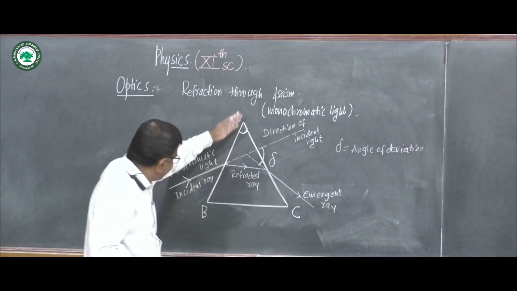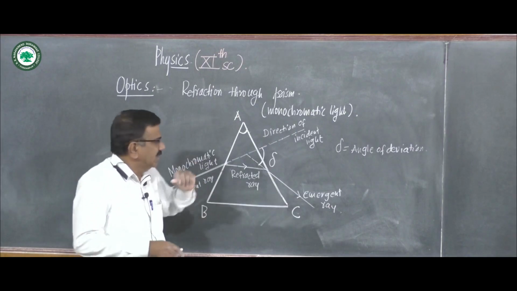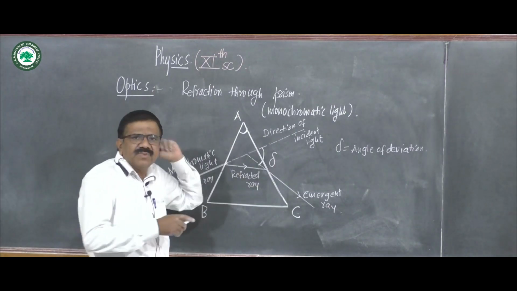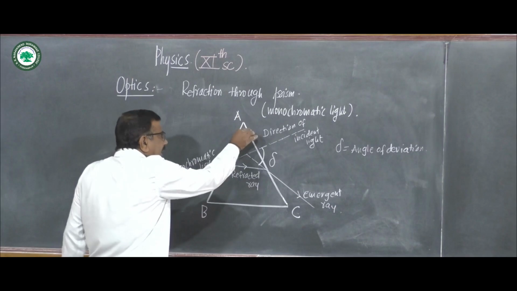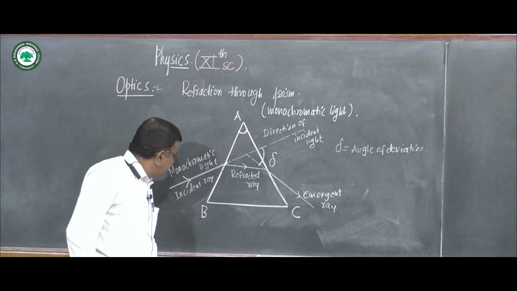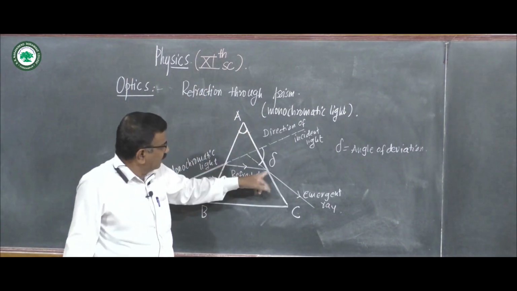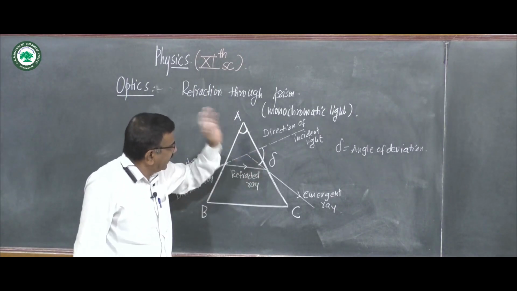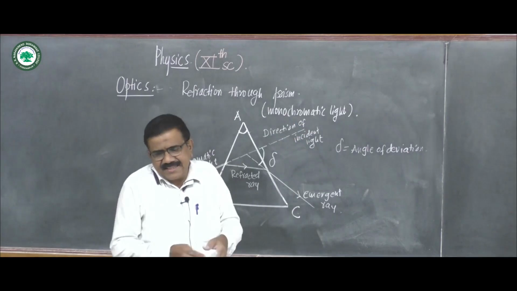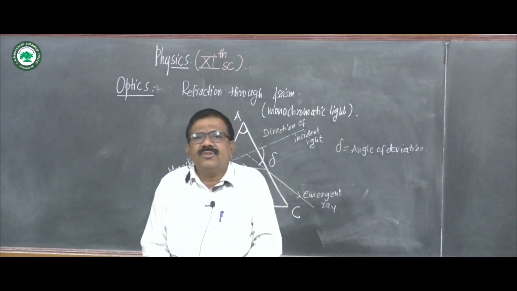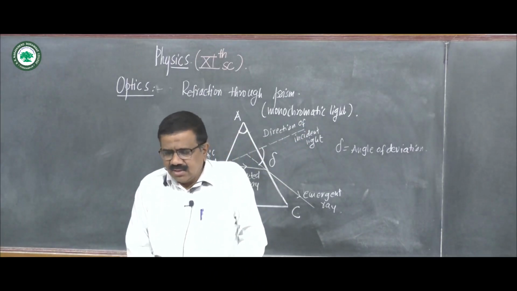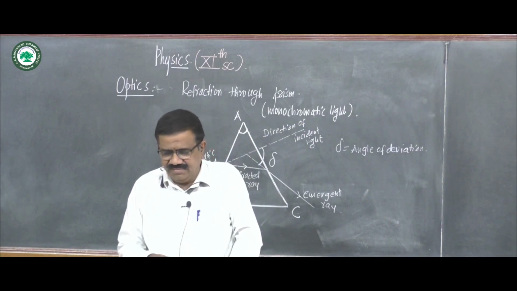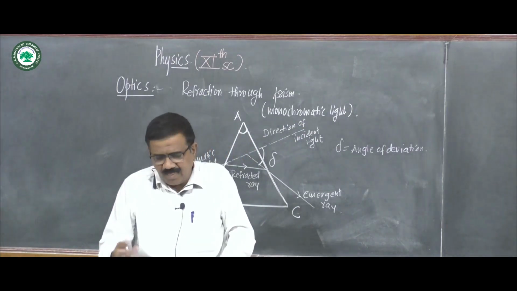Here ABC is the principal section of the prism, BC is base of the prism, A is refracting angle of the prism. The ray is refracted at 2 points, and the incident ray is deviated through the angle delta, and delta is called as angle of deviation. So this is the refraction through the prism for the monochromatic light.